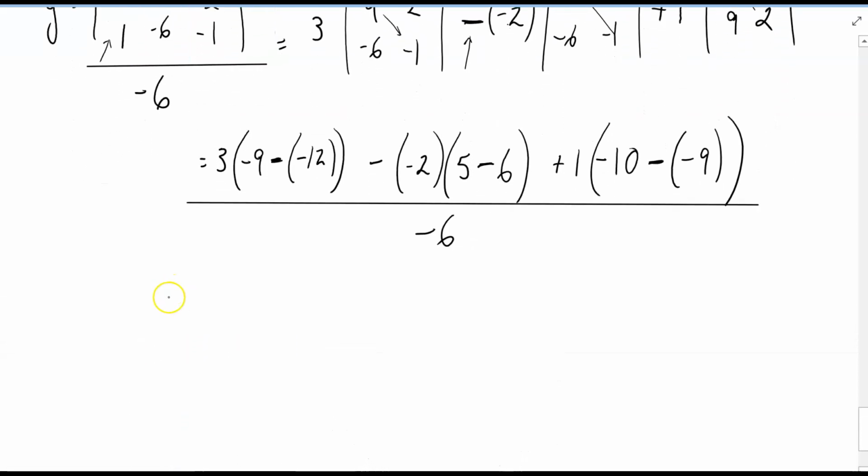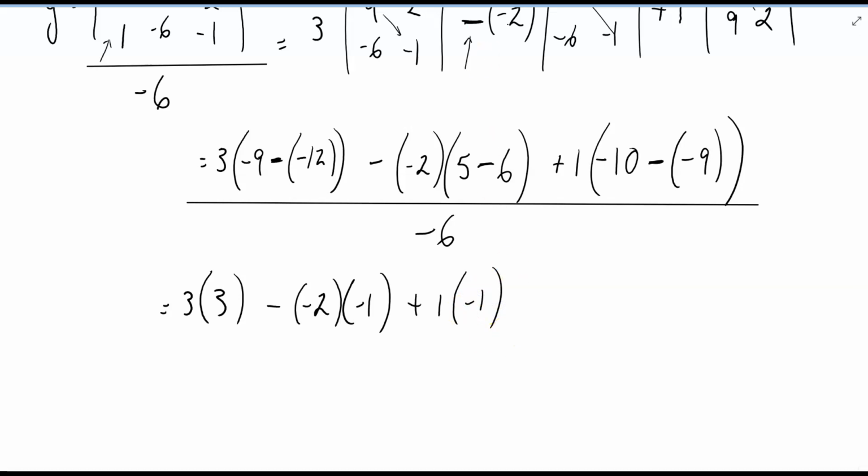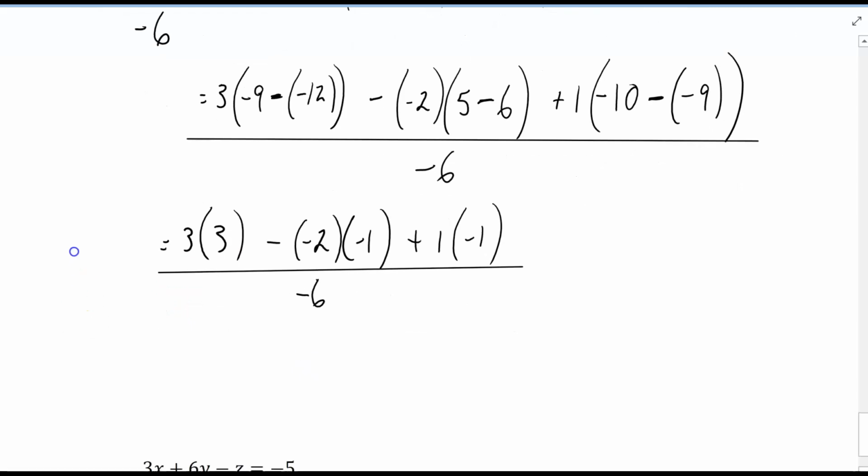Okay, so this is equal to 3 multiplied by minus 9 plus 12 is 3. Subtract negative 2 multiplied by 5, subtract 6, which is minus 1, plus 1 multiplied by minus 10 plus 9, which is minus 1. And again, that is all over negative 6.